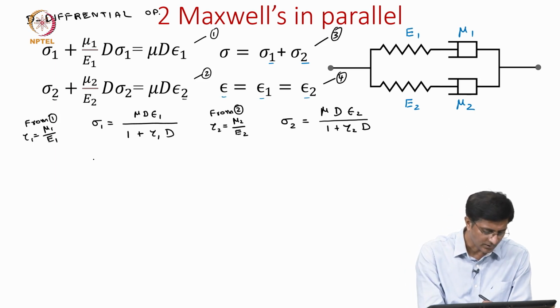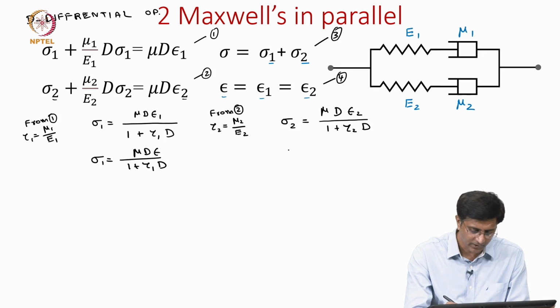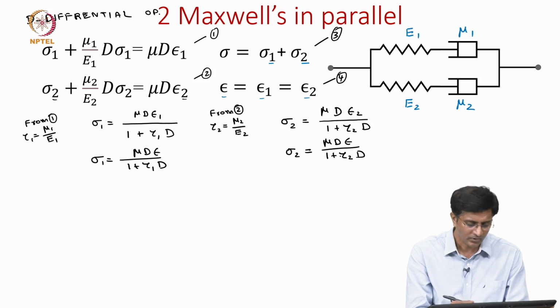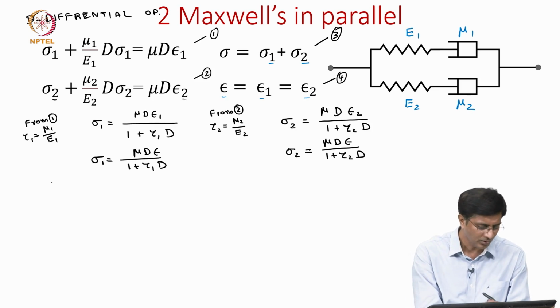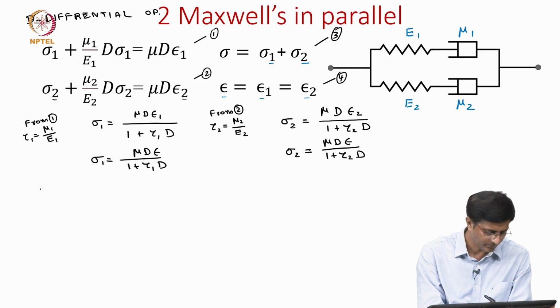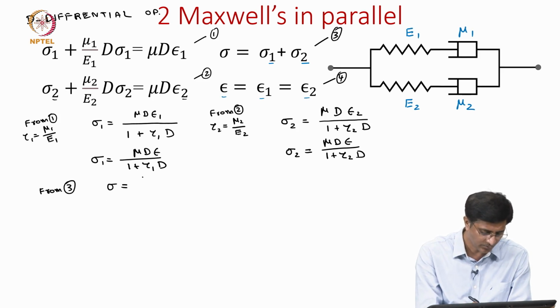Which means sigma 1 can now be written as mu 1 D epsilon by 1 plus tau 1 D, and sigma 2 can be written as mu 2 D epsilon by 1 plus tau 2 D. This we have written by invoking equation 4, but now coming back to equation 3, we should be able to write the overall stress as simply the summation of sigma 1 and sigma 2, which is mu 1 D epsilon by 1 plus tau 1 D plus, I need to mention that this is mu 1.